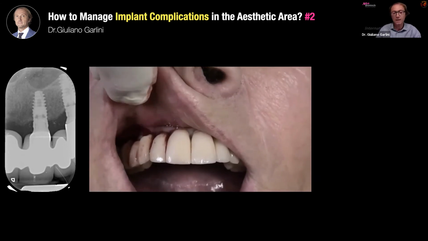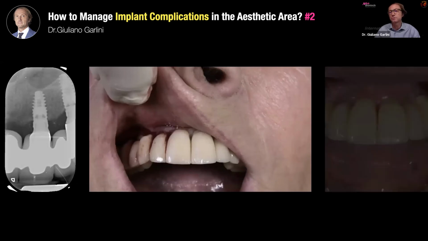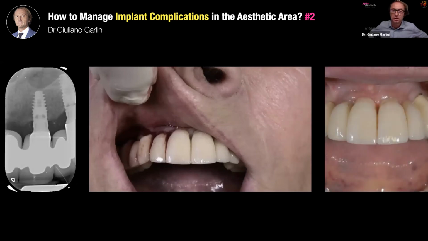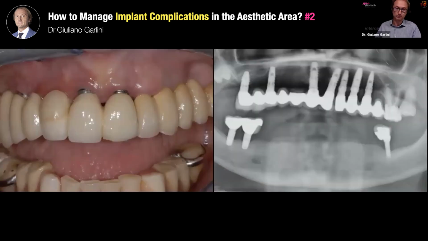So you can apply the oxone for some minutes, and after that you can wash and clean all the surface. And after this treatment, after 1 month, you can see that we have a good healing, no resection in the lateral incisor, and a good amount of keratinized mucosa.